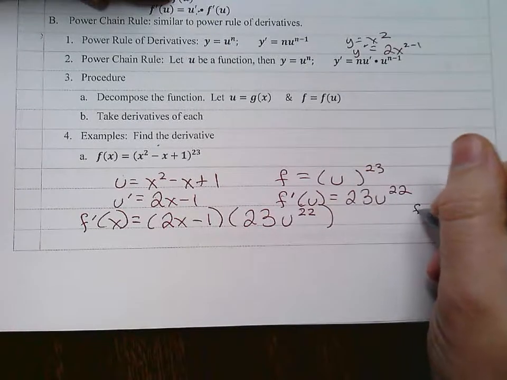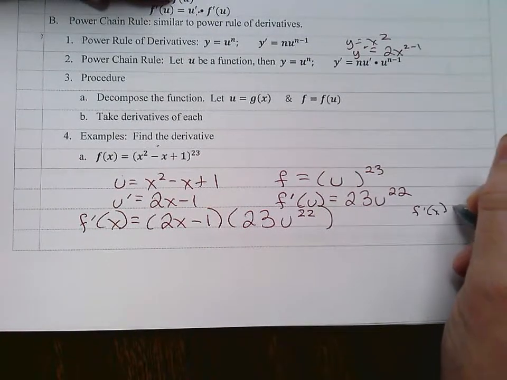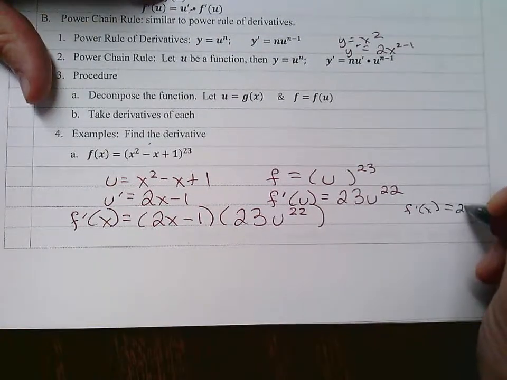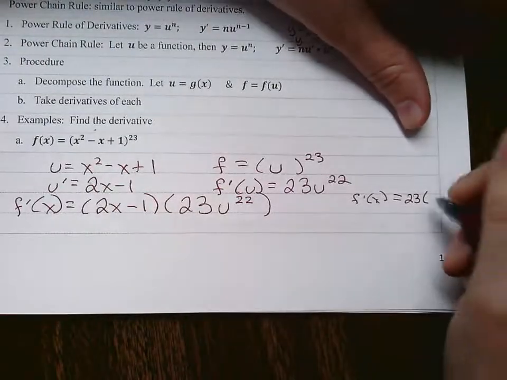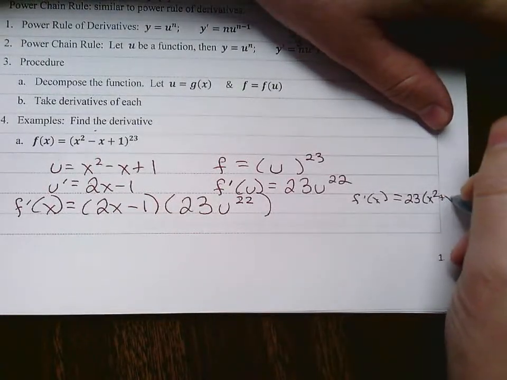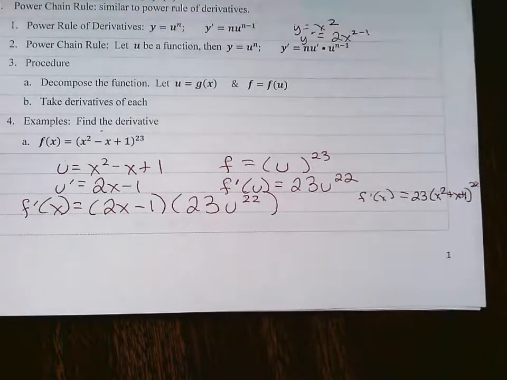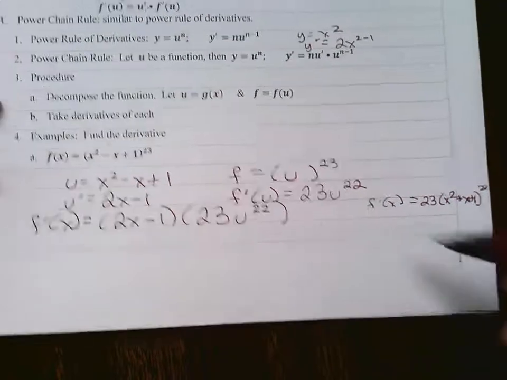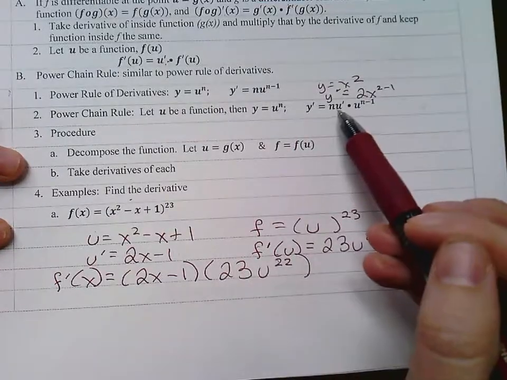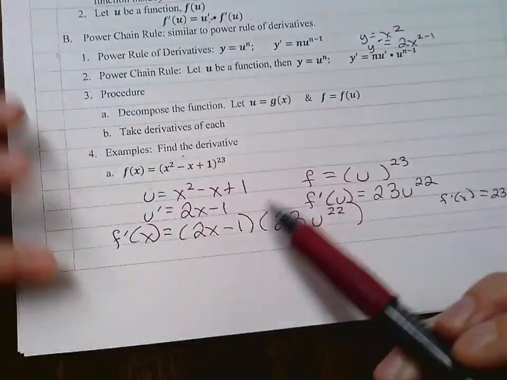If you want to, you could add an extra step here. If you want to do f prime of x, that would be 23 x squared plus x plus 1 to the 22nd. You could also do that too. I'll do that on the next one. I'm just wanting to go with this so you don't get confused.